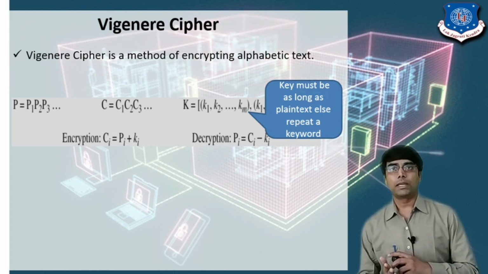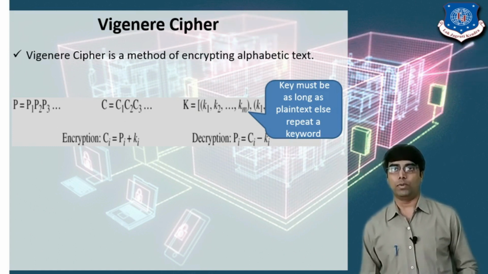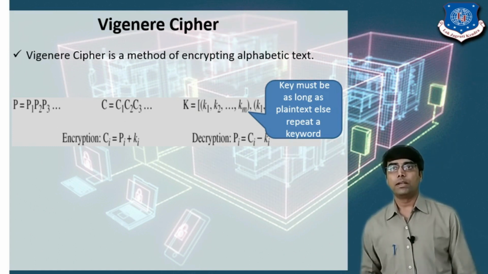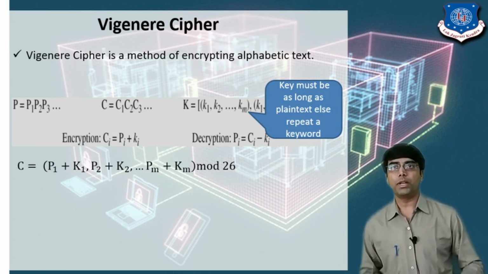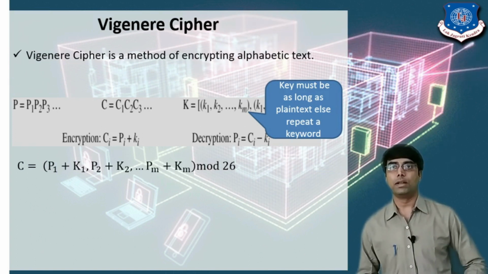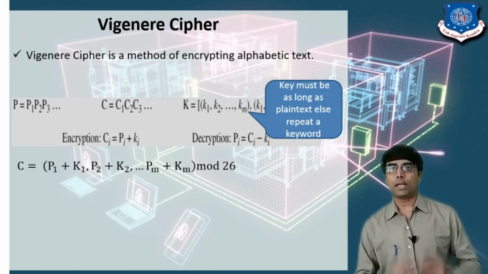If the key is very small, you have to repeat the keyword or repeat the key. Now you can see C equals (P1 + K1, P2 + K2, up to Pm + Km) mod 26. Through this calculation you will get the cipher text.